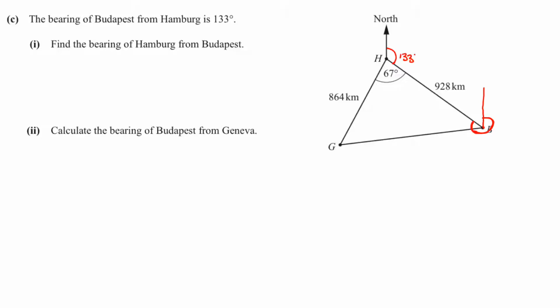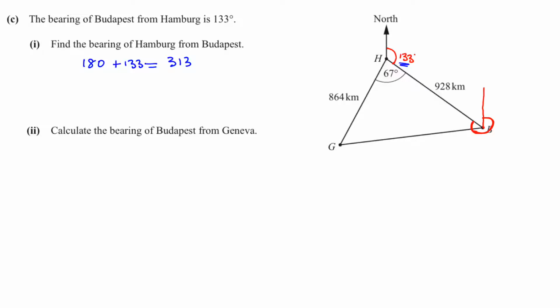When you're finding bearing, remember if it is an obtuse angle, it's always going to be the inside part. And if you want to find the outside part, you have to add 180 to 133. And we will get 313. So that's your bearing of Hamburg from Budapest.